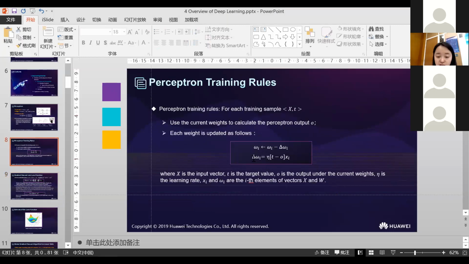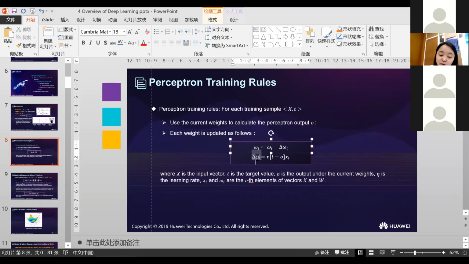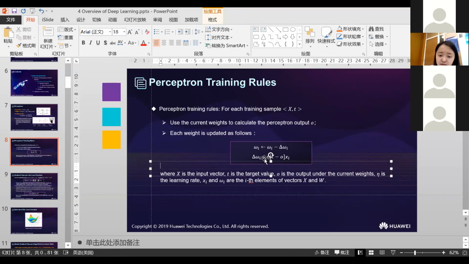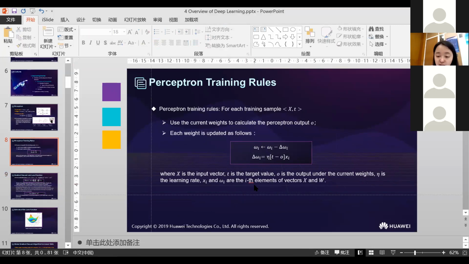So here we calculate the gradient of the loss function, followed by a hyperparameter, which we call lambda, the learning rate. You can view the learning rate as the length of your foot. If you are tall, the learning rate will be large. If you are short, the learning rate will be small.